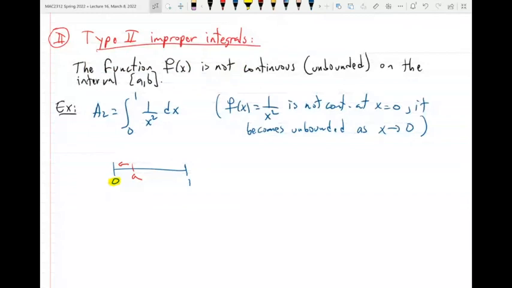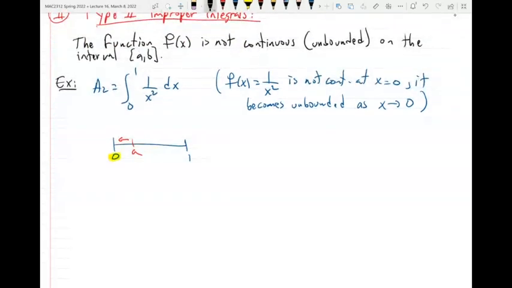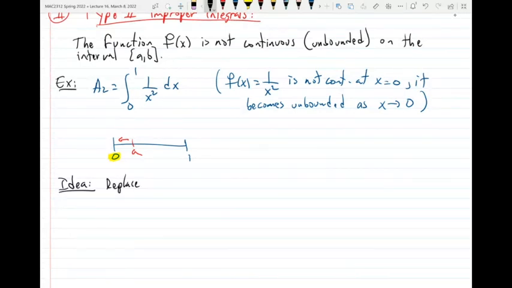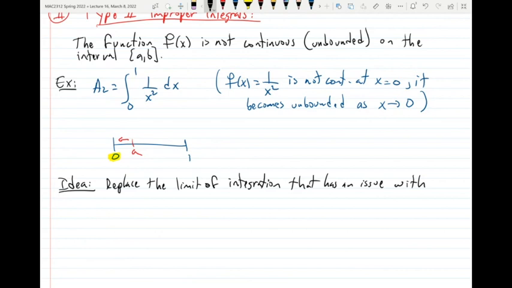All right, so that's what we're going to do. So the idea: replace the limit of integration that has an issue with a variable and then take a side limit.